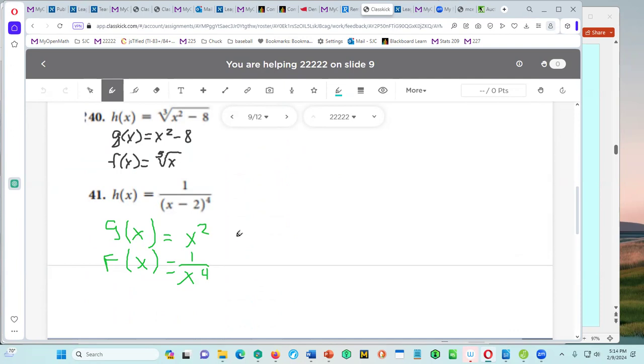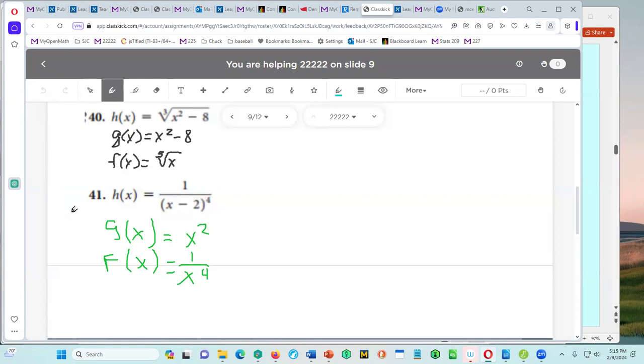So as I was saying, on 41, the g is going to be the inside thing. What is the inside thing in that problem? x minus 2.